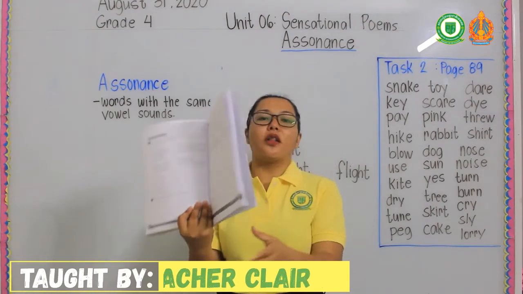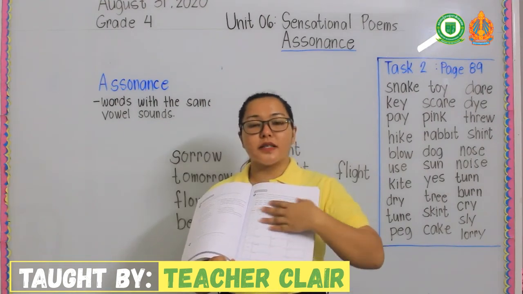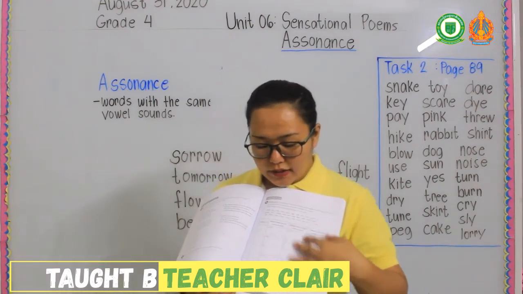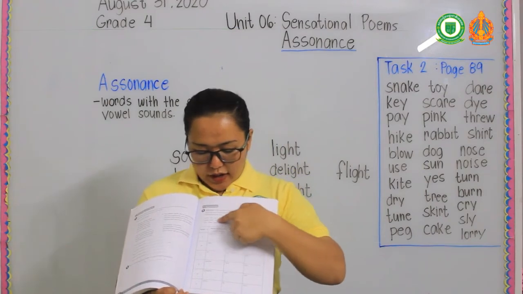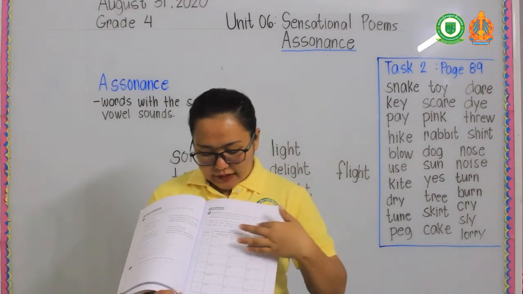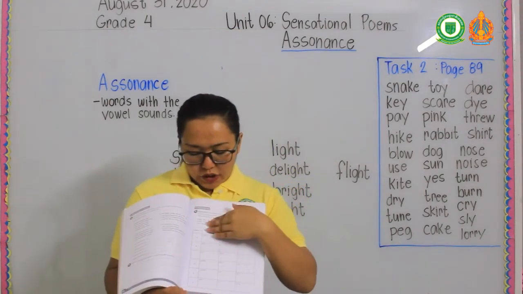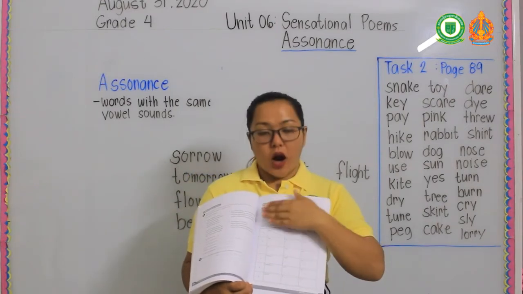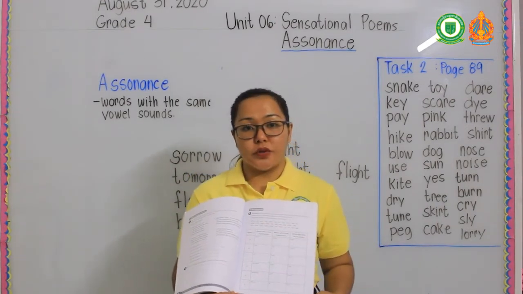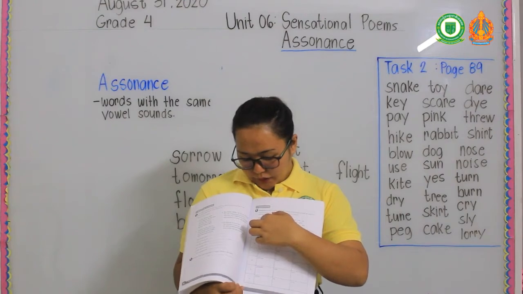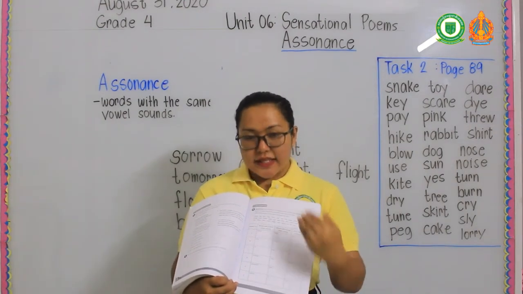Okay, so this is the column. Grid meaning this box. Okay, this box, you have to read this and identify which vowel sound these words belong to. For example, number 1, snake.